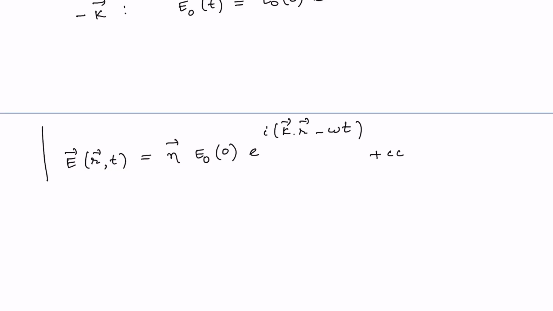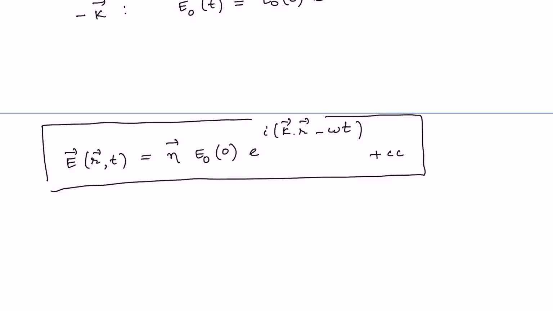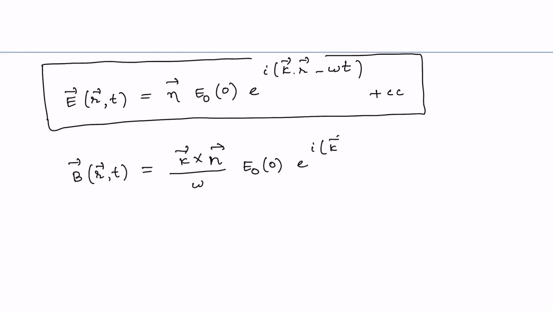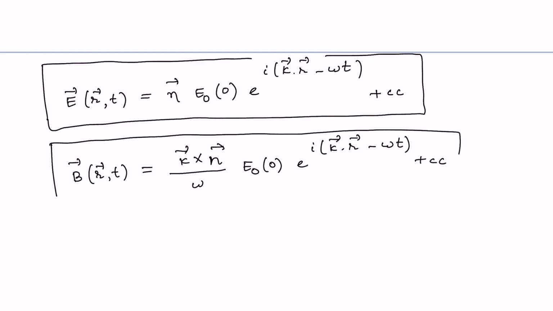So this is the mode of the electromagnetic wave we are now going to consider, and we can then write the magnetic field as well. So that is going to be B of r,t is equal to k cross eta by omega E0 of 0 e to the power i k dot r minus omega t plus complex conjugate. So this is the expression for the magnetic field.